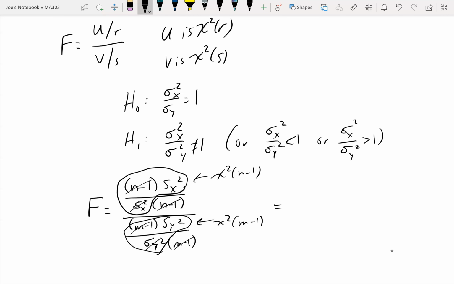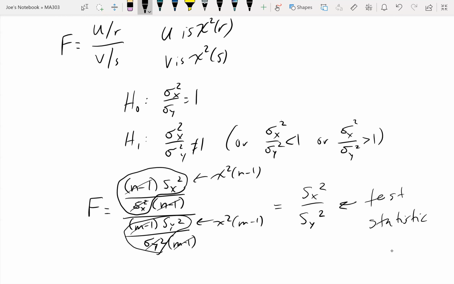So this just ends up being s x squared over s y squared. So this is how we get our test statistic in this particular case. And then we use our F distribution to get our critical values.